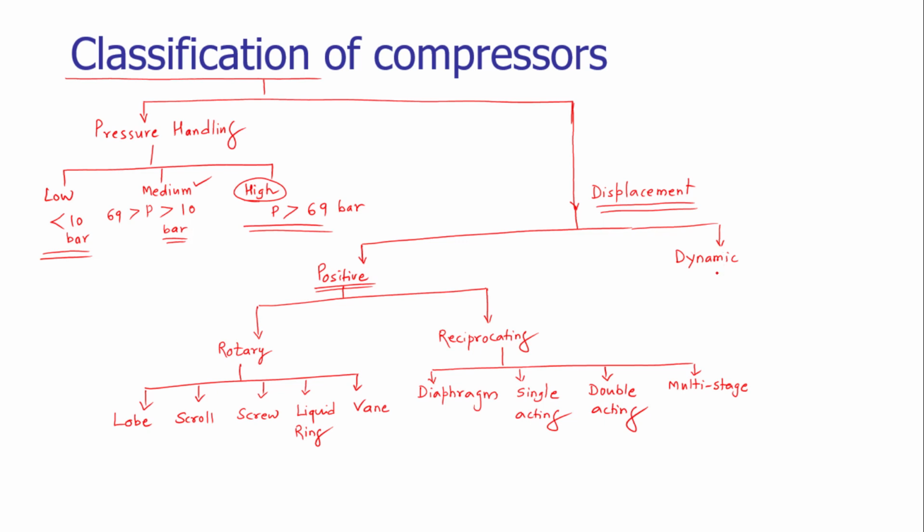As far as the dynamic displacement is concerned, two types of compressors are used in the industry. These are the centrifugal type of compressor and the axial type. We will be seeing these compressors, their function, their working and the operational details in the coming slides. So let us start one by one.